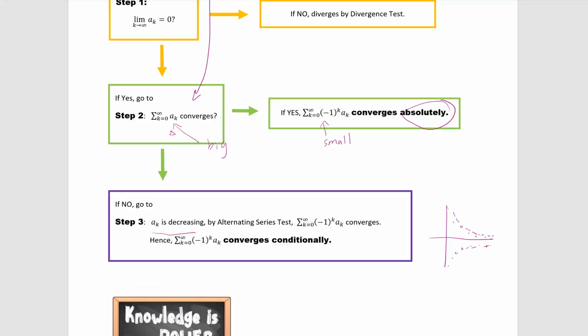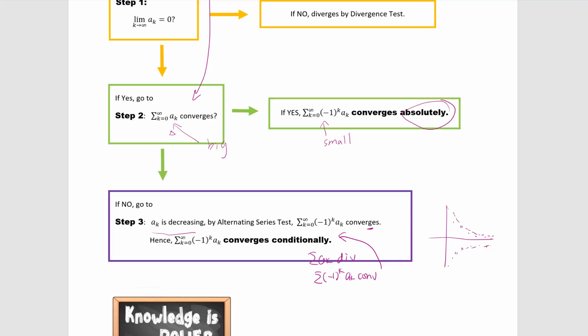But because the limit is going to 0, if you just look at the terms, the absolute value of the terms is non-increasing. So by the alternating series test, the alternating series converges. So we have the series diverges, but the alternating series converges. That's why we say the alternating series converges conditionally.